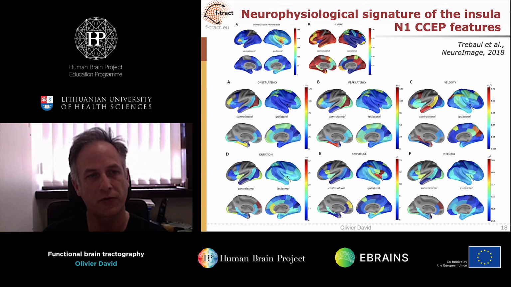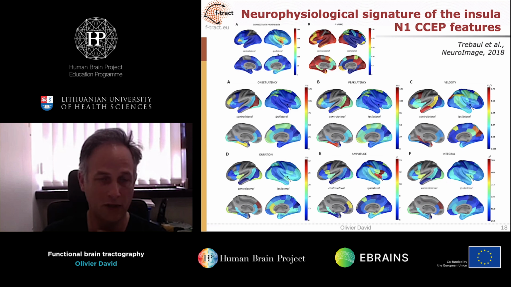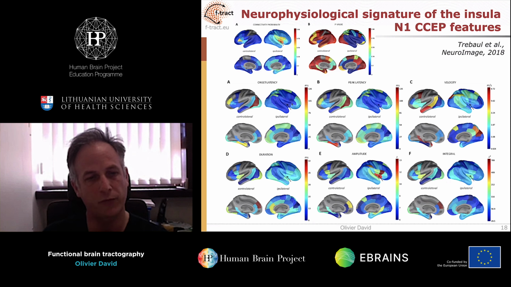And for example, if we are interested in the insula, we have the connectivity of the insula, which basically shows the probability of having a response to the stimulation of the insula in all areas that were recorded in the database. But in addition to that, we also have the latency of the response in milliseconds. So in blue, you see that the brain responds usually before 25 milliseconds to the stimulation of the insula.